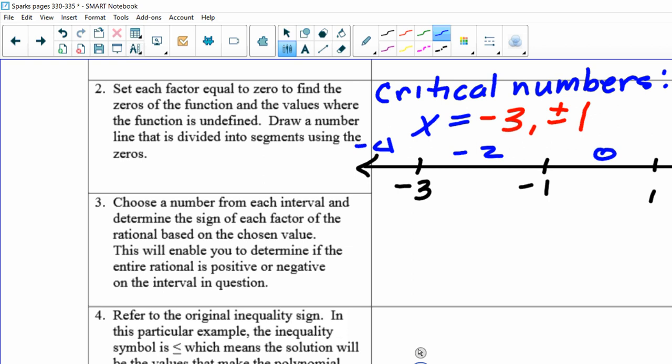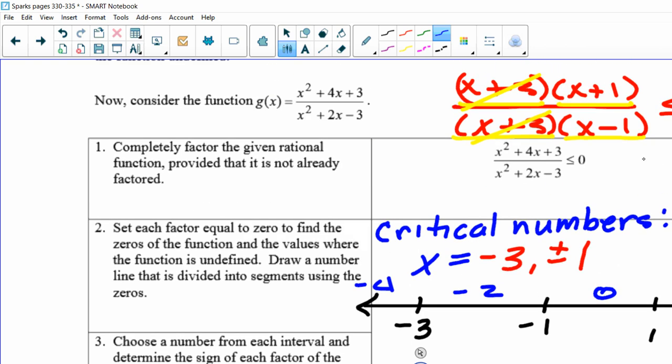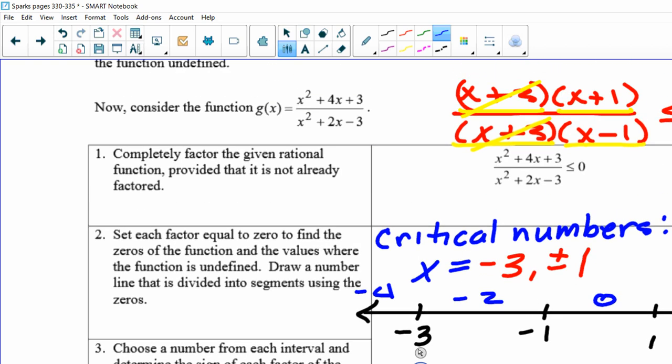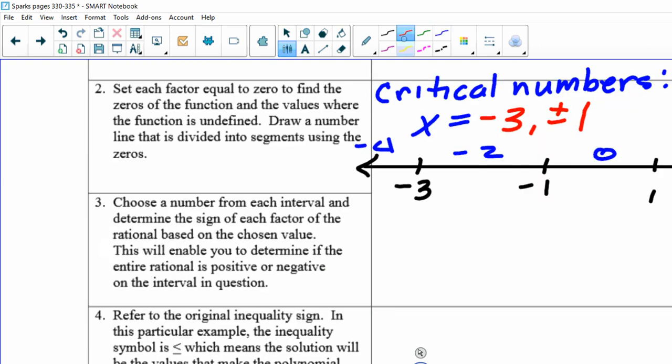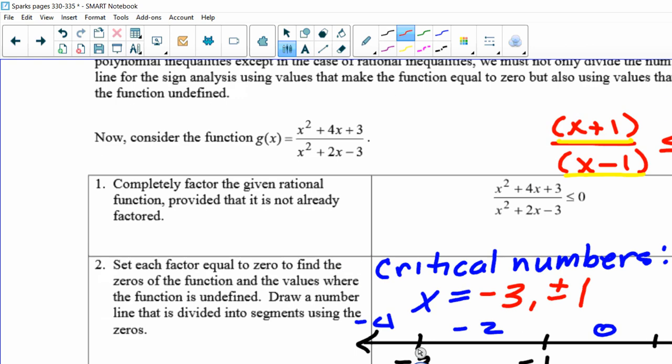So what we're going to do now is take those numbers I wrote in blue and put them into the whole thing. Now, I really don't need to have those marked out. x plus 3, x minus 1, x plus 3.